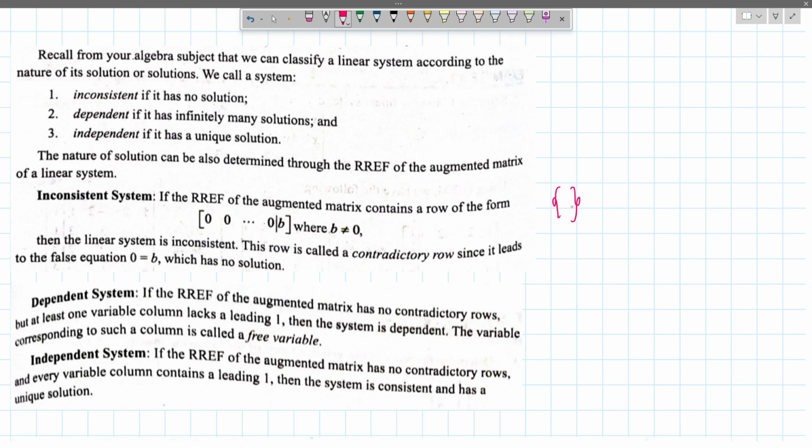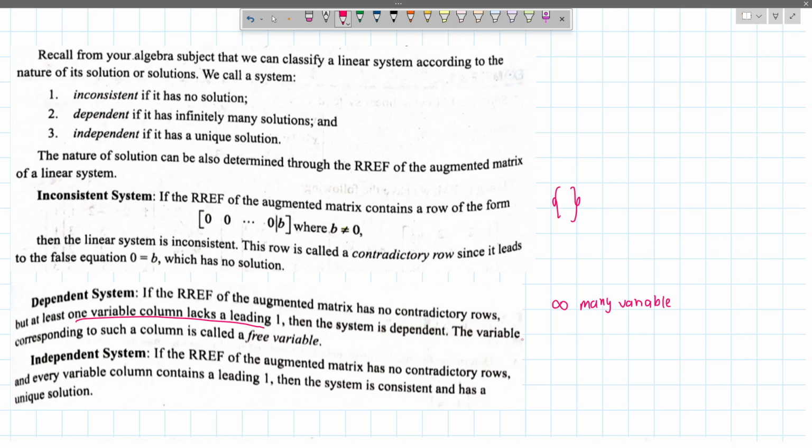Dependent, if the reduced row echelon form of the augmented matrix has no contradictory rows, but at least one variable column lacks a leading one, then the system is dependent. That means we have infinitely many solutions. We followed everything, but one of the columns or variables doesn't have a leading one.